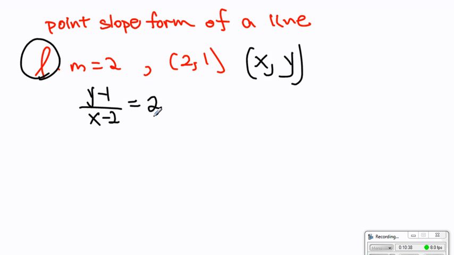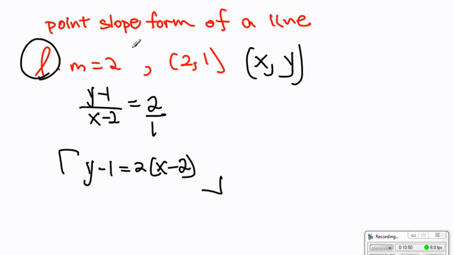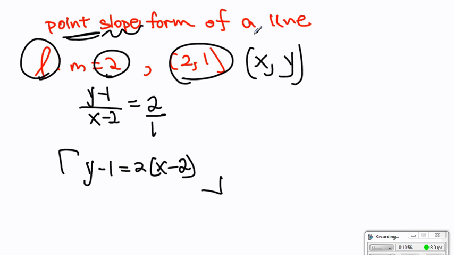If we cross multiply, we end up getting y minus 1 is equal to 2 times x minus 2. And this, in fact, is called the point slope form of an equation of a line. Very simple, isn't it? All right, then let's try to do that one more time.